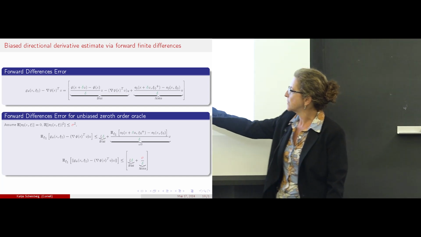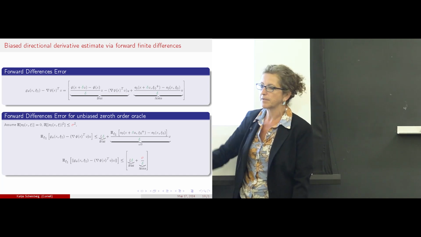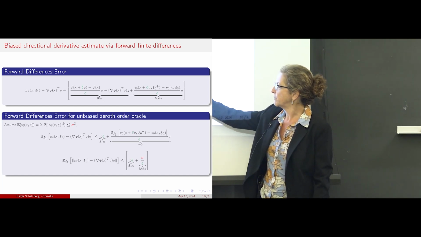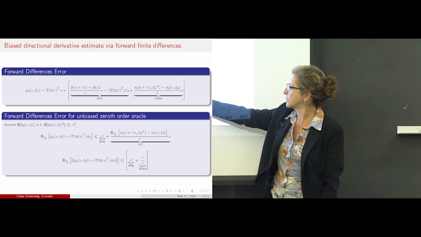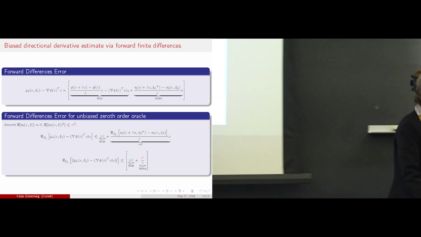This bound says that basically my bias is bounded by the Lipschitz constant of the gradient times the step size. And my noise, the stochastic noise, is bounded by the variance of the noise divided by delta, right?